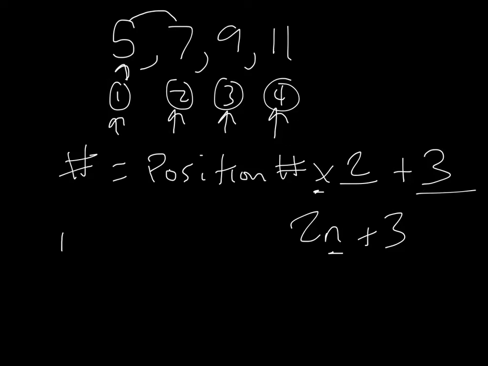The first thing you ask yourself is how much it changes. Then think about how many groups of that multiplier there are. Now keep in mind that in actuality this is called the multiplier and this one here is called the constant. The multiplier is the one that is being grouped over and over again.